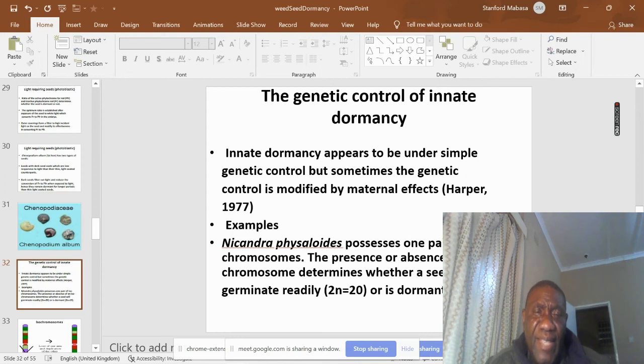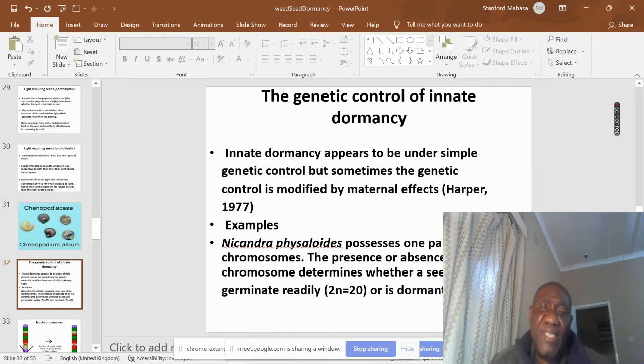We have got examples. Nicandra physaloides possesses one pair of isochromosomes. The presence or absence of the isochromosome now determines whether a seed will germinate readily or is dormant.